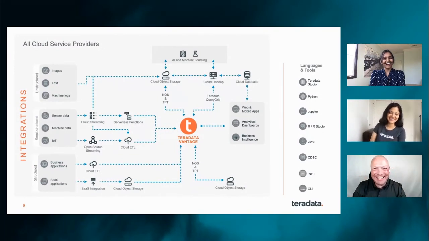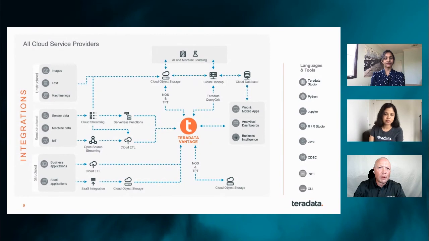You see on the far left there many different types of data sources: unstructured, semi-structured, structured. We've got the sensor type of data all the way down to more organized, transactional data that you want to ingest. So this diagram really captures the different methods you can use to pipe data into Vantage, to federate queries with Vantage, and to use those AI/ML capabilities that might exist outside of Vantage today.